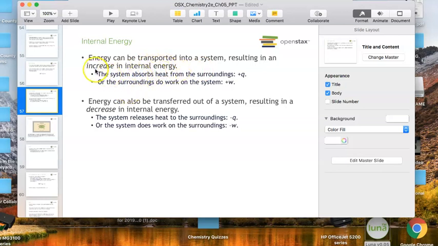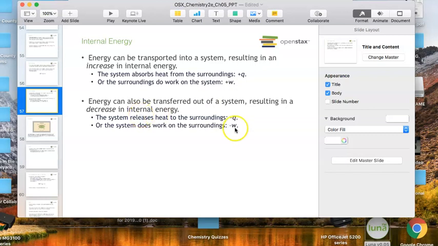All right, so our capital U would increase if the system absorbs heat from the surroundings and has a positive heat value. So we know if it has a positive heat value, it's an endothermic reaction. Or the surroundings do work on the system. Okay, we'll talk about that in just a moment, how the surroundings can do work on a system.